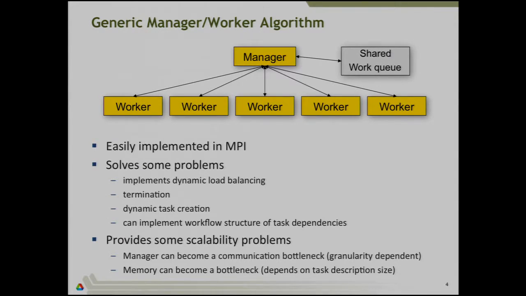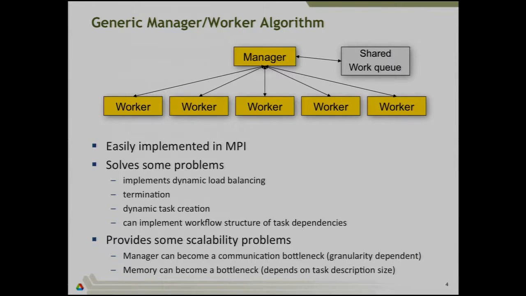It looks something like this. This is a generic manager-worker algorithm. You have a manager process, a bunch of workers, and a work queue that the manager knows about. It's easy to implement this in MPI, and it solves some problems. It implements dynamic load balancing because if one of these workers has a task that takes 100 times longer than the tasks being worked on by the other workers, it just takes that long.